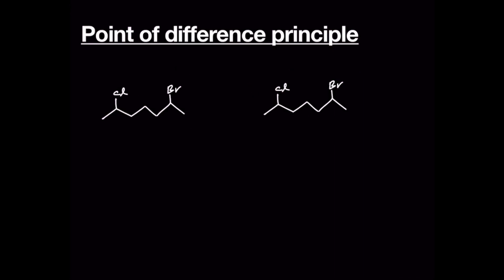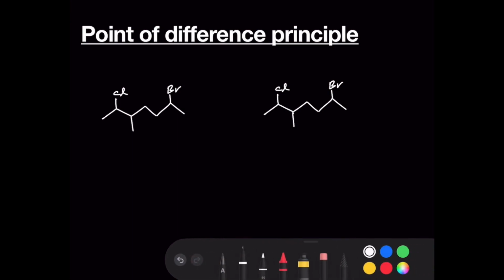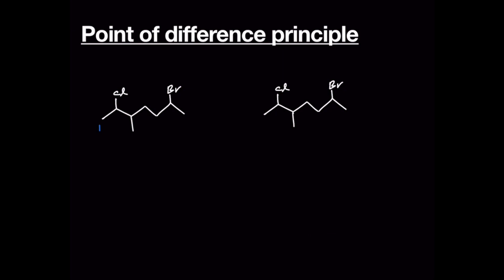Let us say I introduce a methyl group here. Is it possible for you to identify the correct IUPAC name for this molecule? Please feel free to pause the video and try to work it out yourself and then come back. So, do the numbering again. 1, 2, 3, 4, 5, 6, 7.